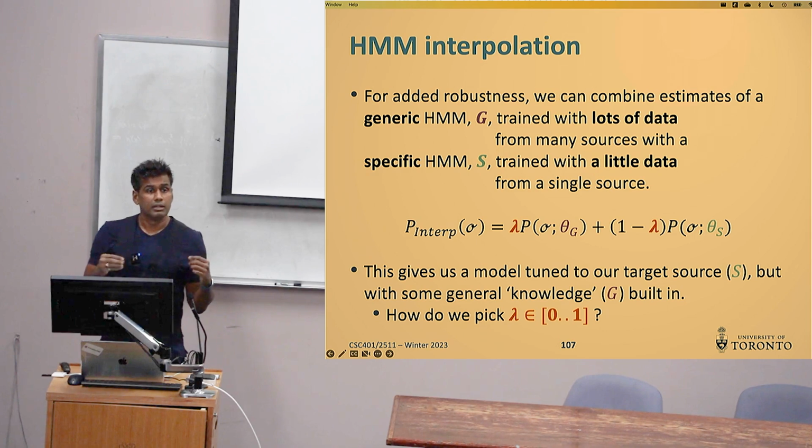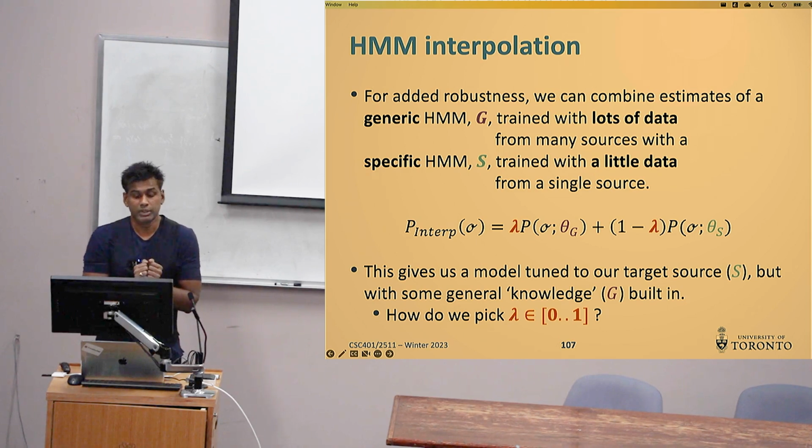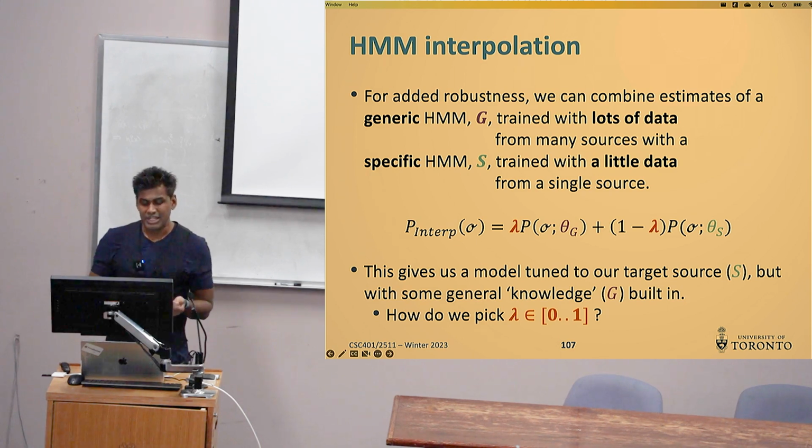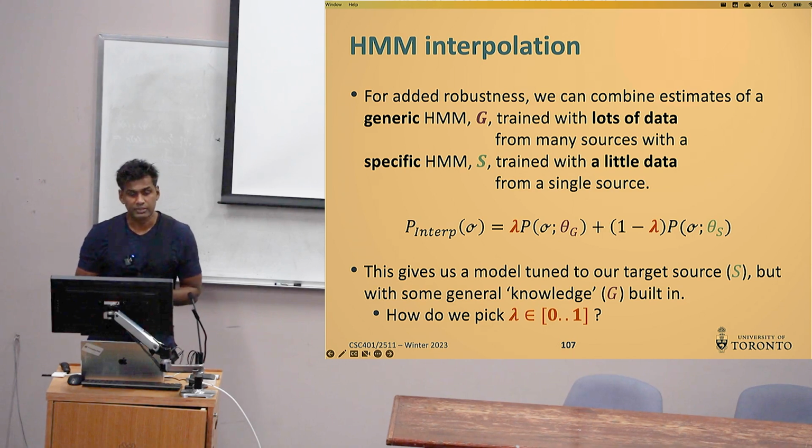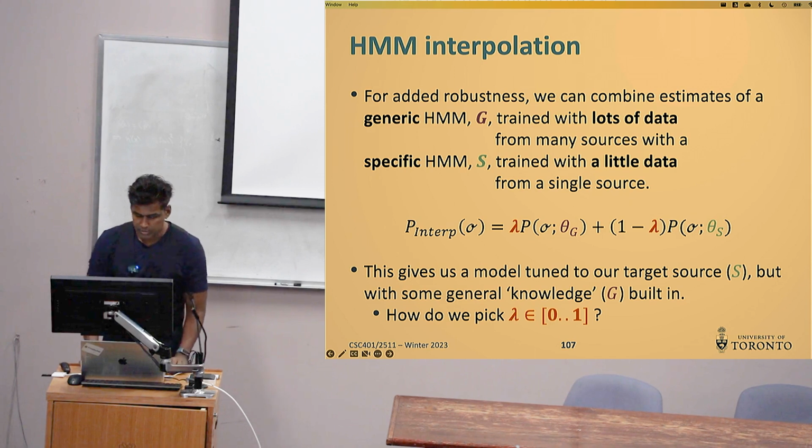An easy way to do this is to use a mixture or interpolated model where we assign weights to each of the trained HMMs. That gives us a model tuned to our target source S, but with some general knowledge G built in. The obvious subsequent question is, how do you pick this lambda, or the weight value, between the models?